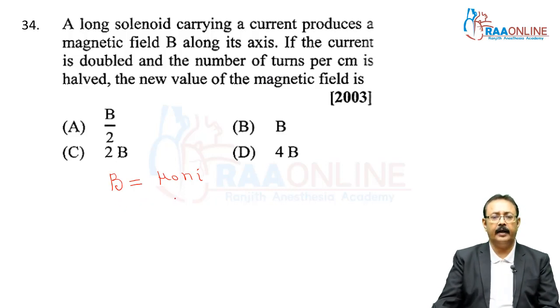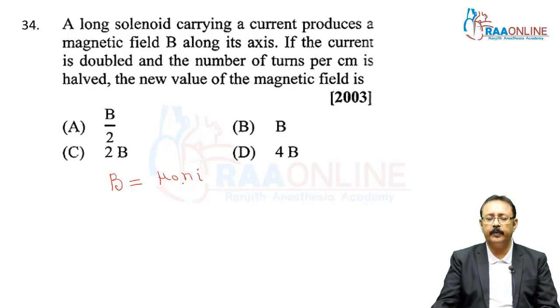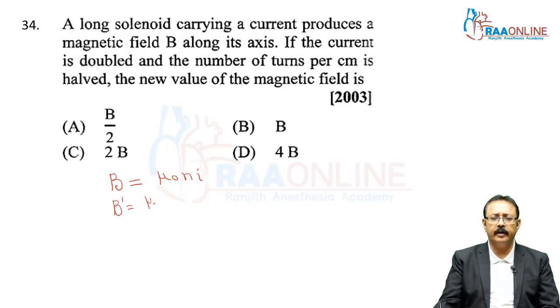Mu naught N I, where N is the number of turns per unit length. What we are doing is doubling the current: in place of I we are putting 2I, and the number of turns per unit length is halved.